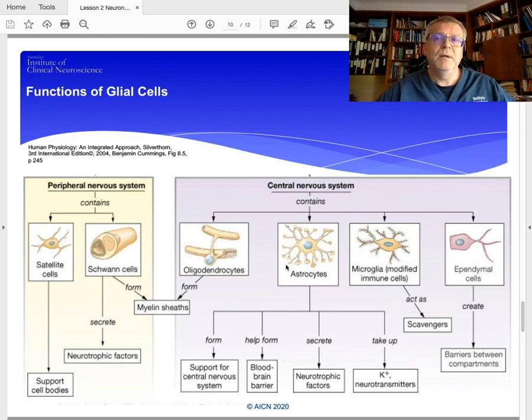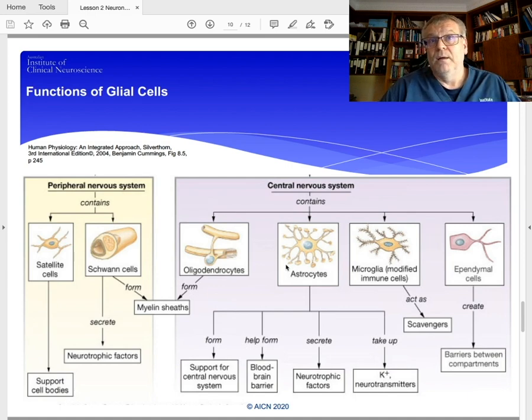This is just a general introduction, just so that you can get an idea of what cells are involved in what. Now, they also secrete neurotrophic factors. In the central nervous system, astrocytes are important in that. In the peripheral nervous system, the Schwann cells are important in secreting those things. And another topic that we're going to talk about in this module is neurotransmission and neurotransmitters.